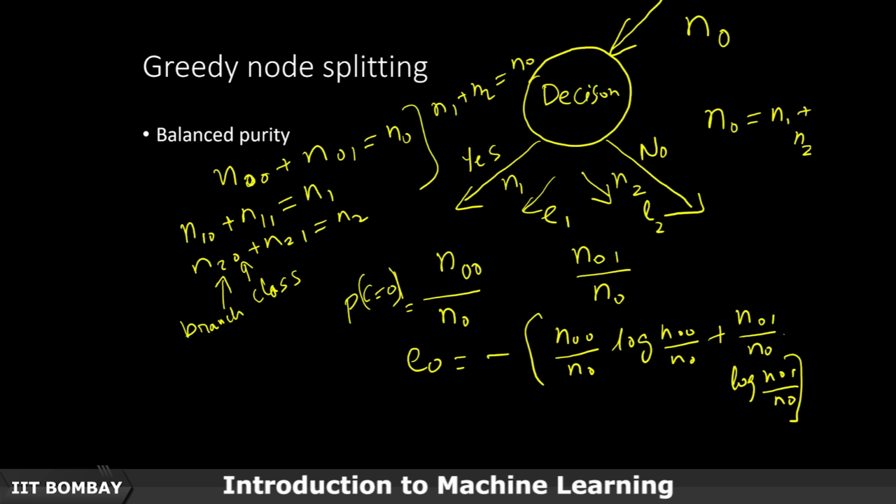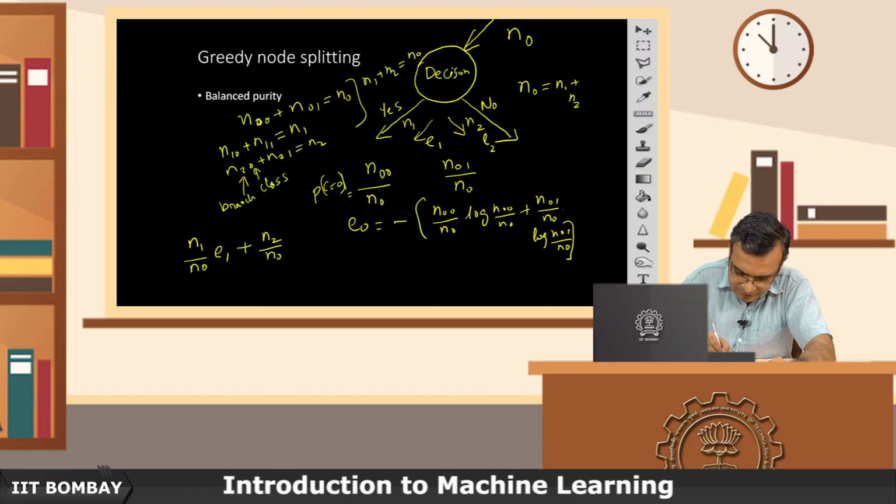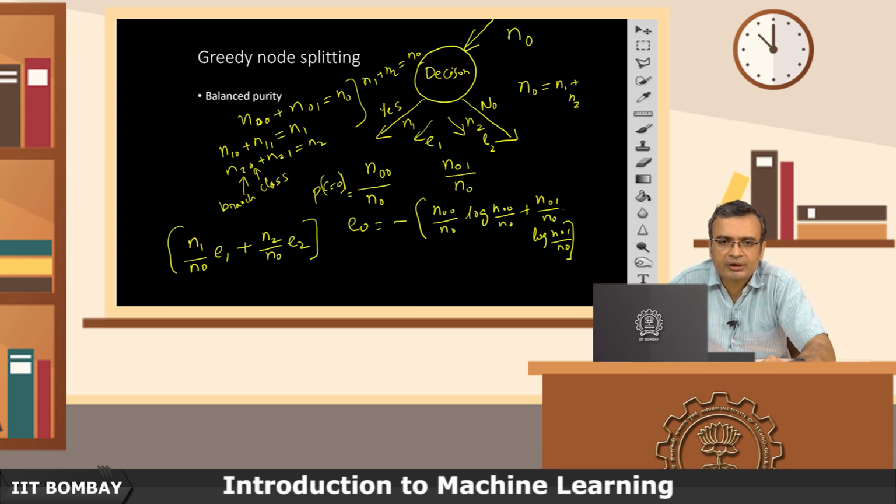So the average entropy is going to be n1, which is the number of samples that are going towards the first branch, divided by n0 times E1, and then we will add to that n2 divided by n0 times E2. So this is the average impurity or the average entropy of the split, and this is something that we want to minimize. We want to minimize this entropy, we want to maximize the purity.